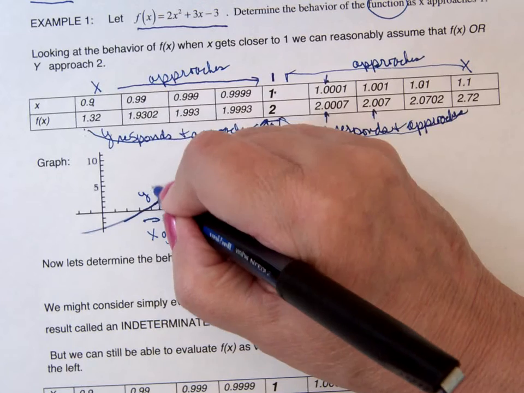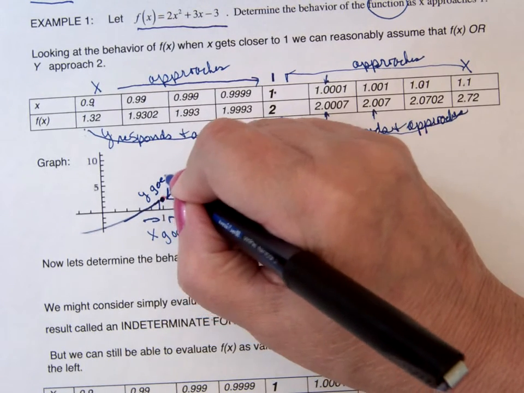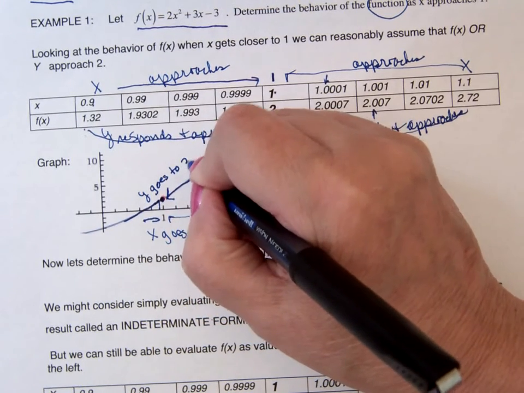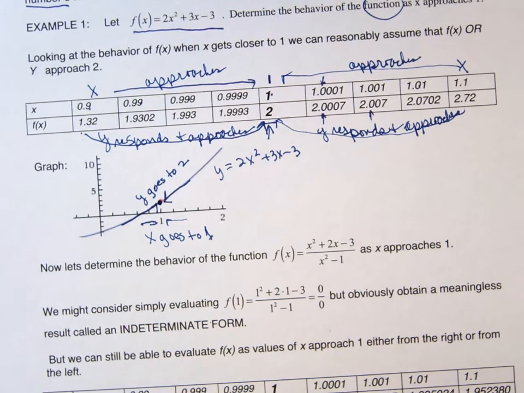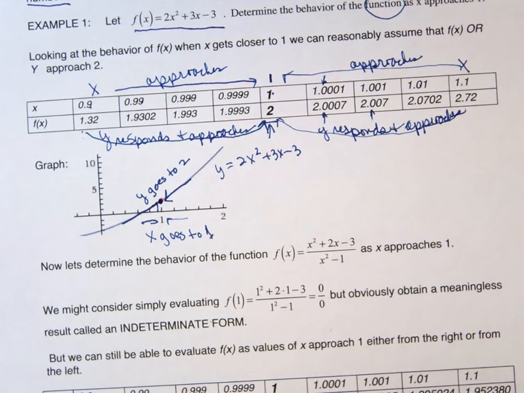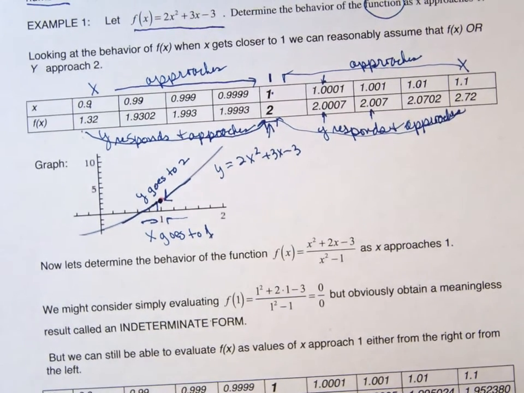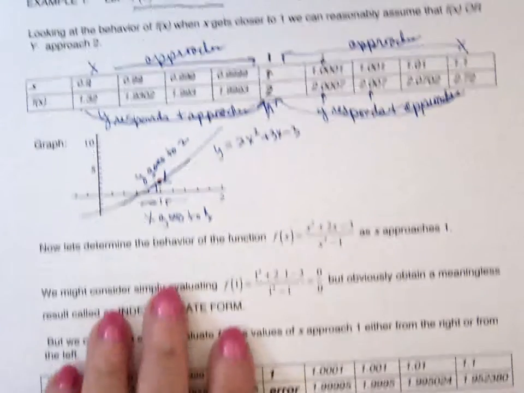Y goes to 2. So as x approaches 1, y goes to the coordinate point 1, 2, or y goes to 2.